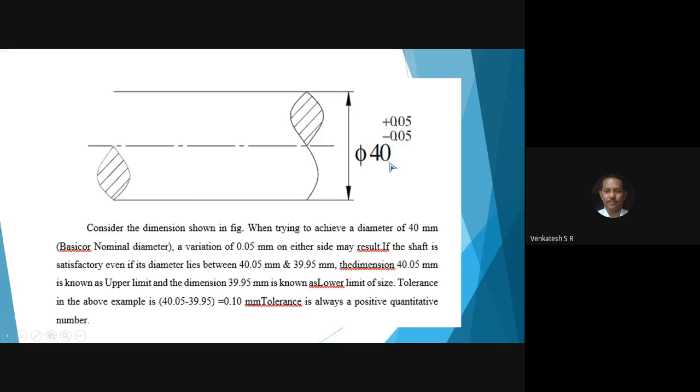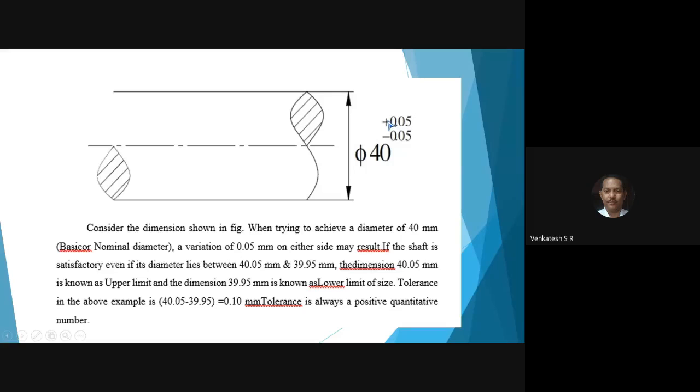Remember once again, minus 0.05, if you write it in the subscript of the dimension, that indicates the lower limit.